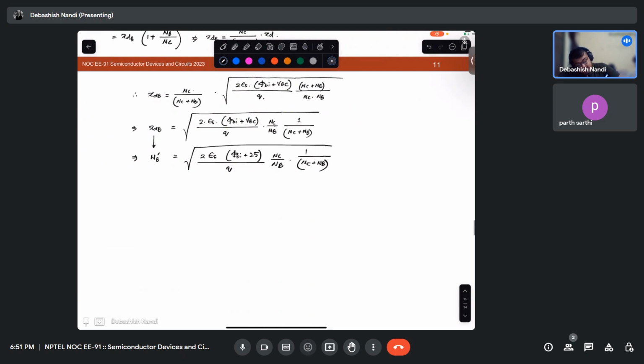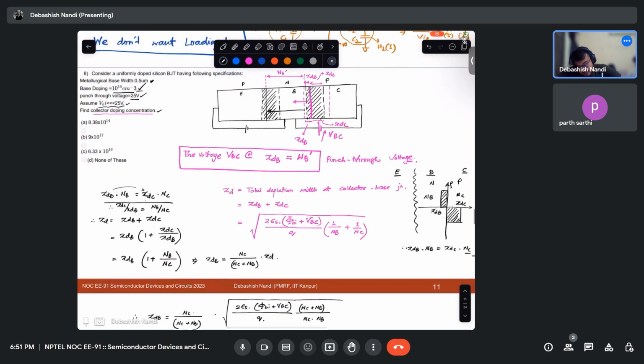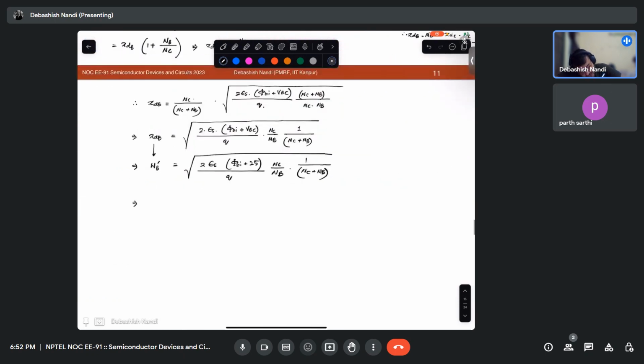So this WB dash is given as 0.5 micrometer. So 0.5 into 10 raised to minus 4, squared, equals 2 into 11.7 into 8.854 into 10 raised to minus 14, and I will write this as 25 over 1.6 into 10 raised to minus 19, into NC over NB.